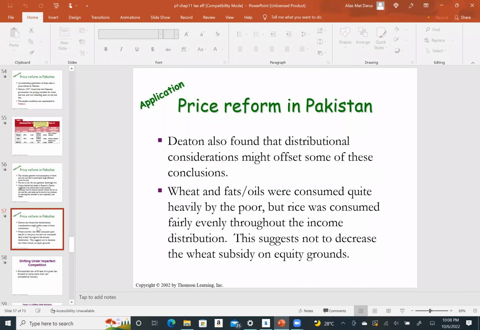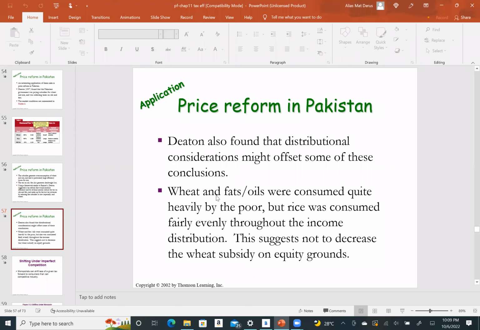And then you also need to look at the equitable perspective or distributional consideration. So they decided not to decrease the wheat subsidy on equity grounds, but rice is not so staple, so it is okay to reduce the subsidy.